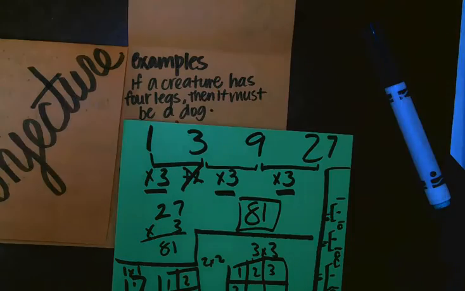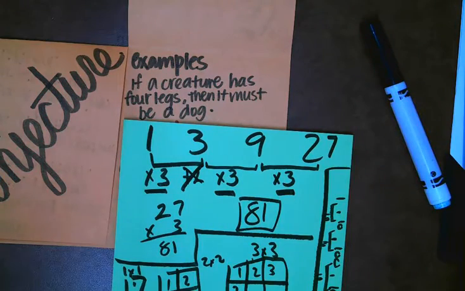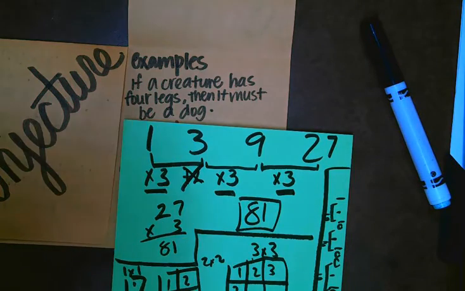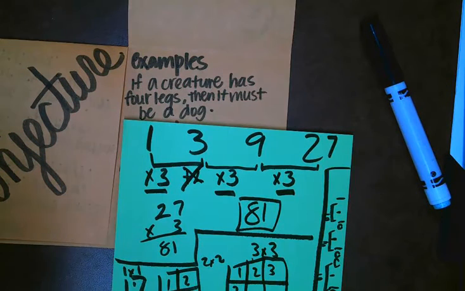Okay. So, if you want to give me a counter example to, if a creature has 4 legs, then it must be a dog. What's your counter example? Cats have 4 legs. Does anyone else have another counter example? A cow, a horse. Anyone else? We already said cat.